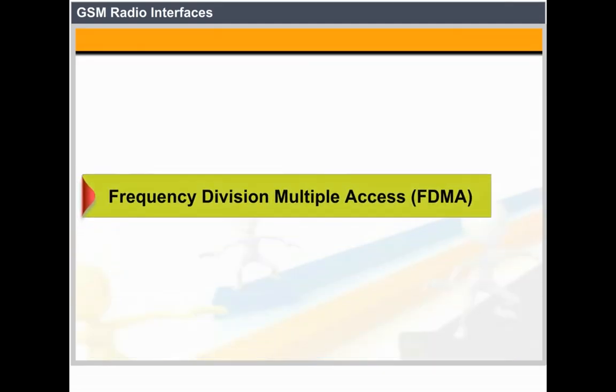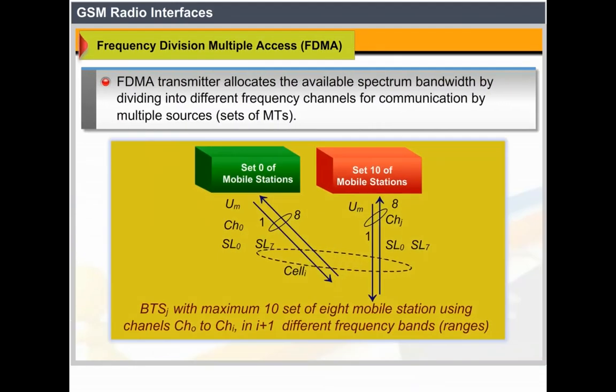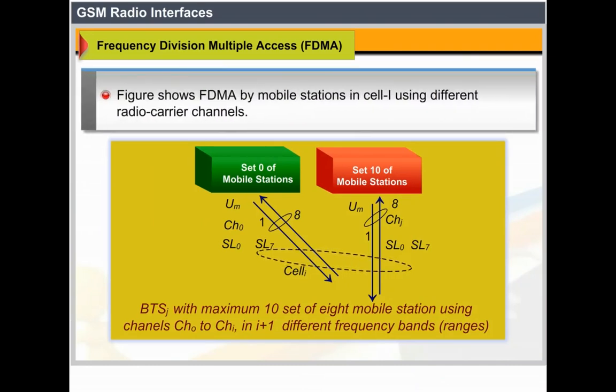Frequency division multiple access, FDMA. FDMA transmitter allots the available spectrum bandwidth by dividing into different frequency channels for communication by multiple sources, sets of MSs. Figure shows FDMA by mobile stations in cell I using different radio carrier channels.